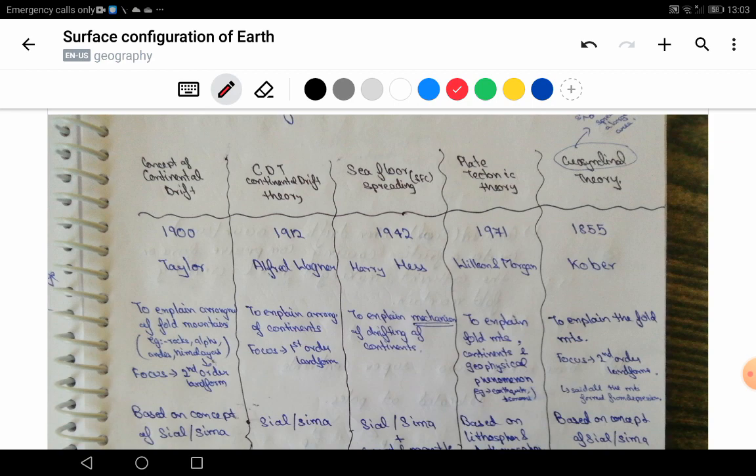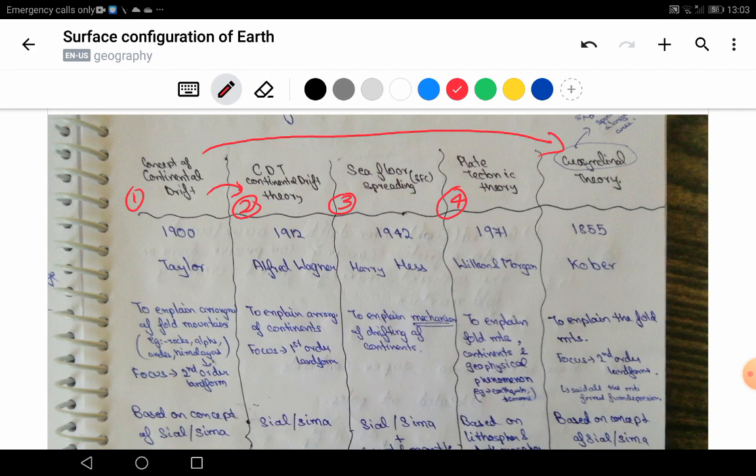First was the concept of continental drift. Then on the basis of this, the continental drift theory was given. Then seafloor spreading, and the next is plate tectonic theory. And along with the drift concept, another theory was given at approximately the same time, the geosyncline theory.